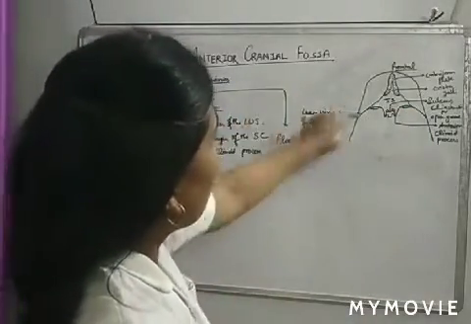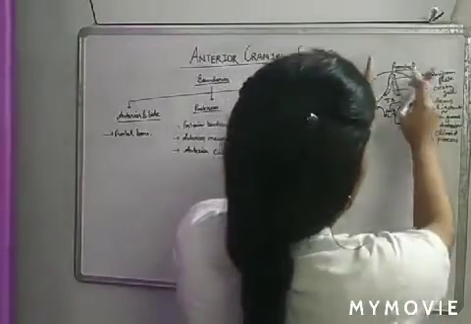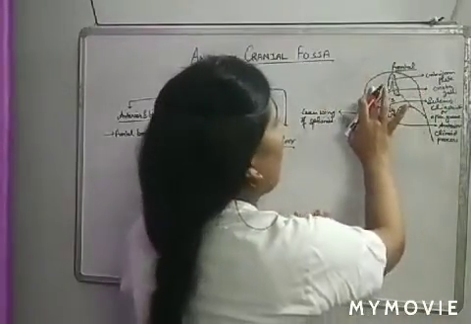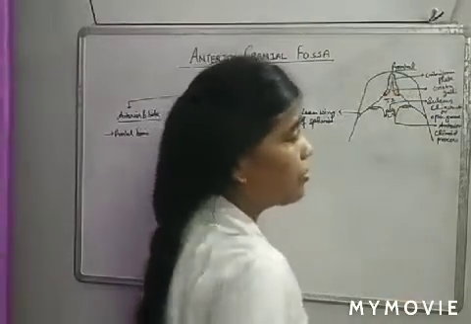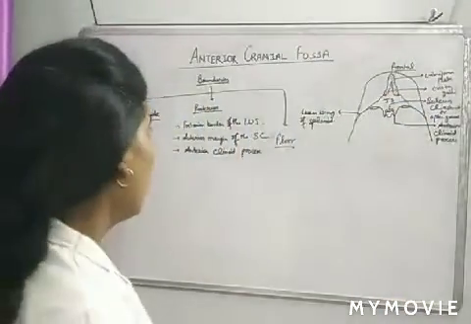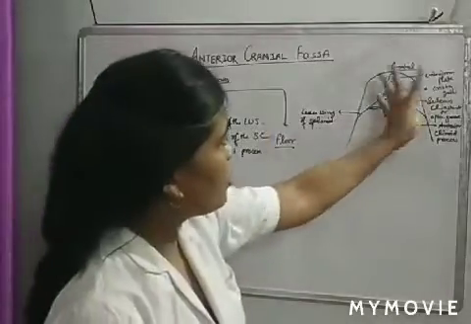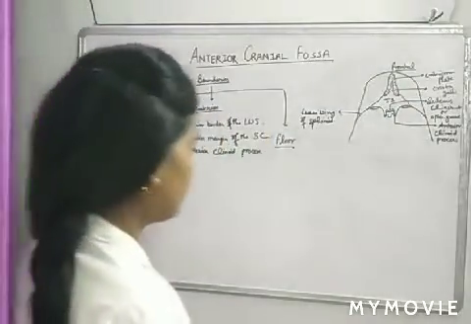Now, laterally, the floor is formed by the orbital plate of the frontal bone. Now, let's study these structures one by one.